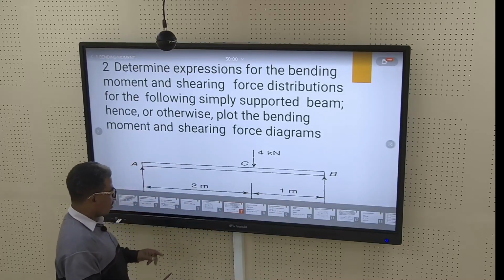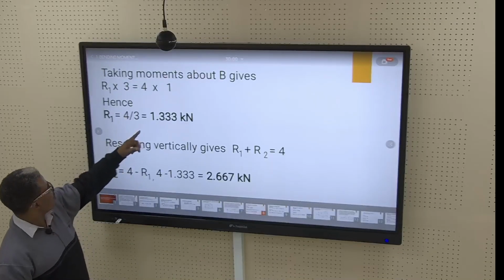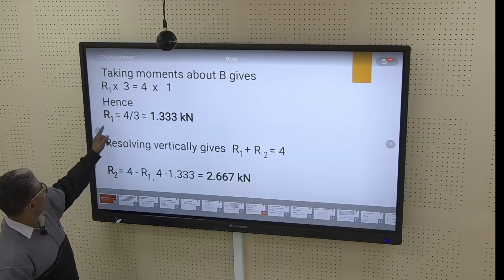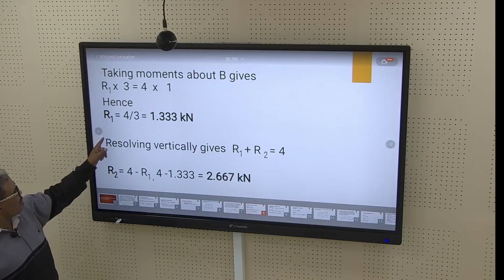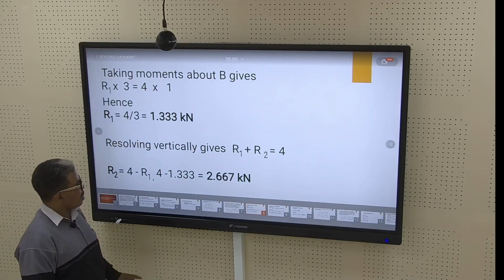We have to equate the two expressions. That's why it is 4 times 1, R1 times 3, hence. So making R1 the subject in our expression, we get R1 is equal to 1.33 kilonewton.